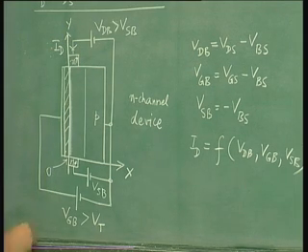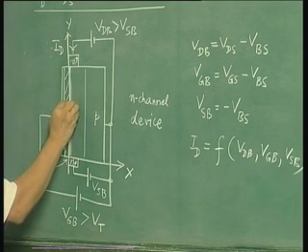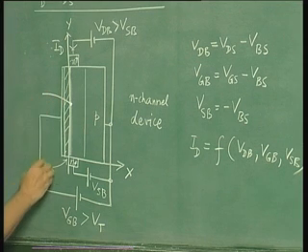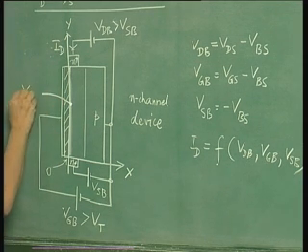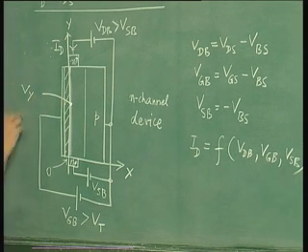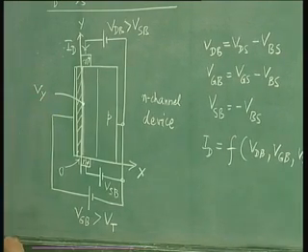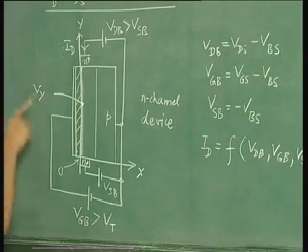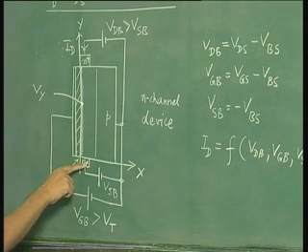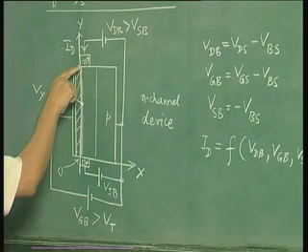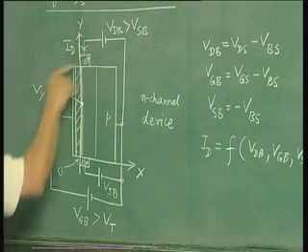Let us now define a channel voltage Vy at any point y. So this is Vy, this is the channel voltage. Now how does the channel voltage change? Vy is equal to VSB at the source and VDB at the drain.